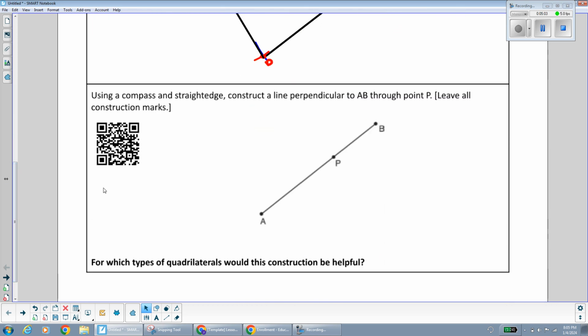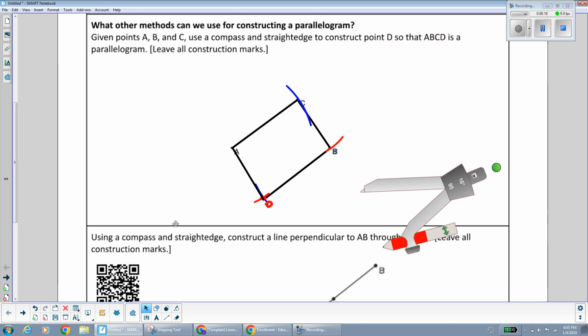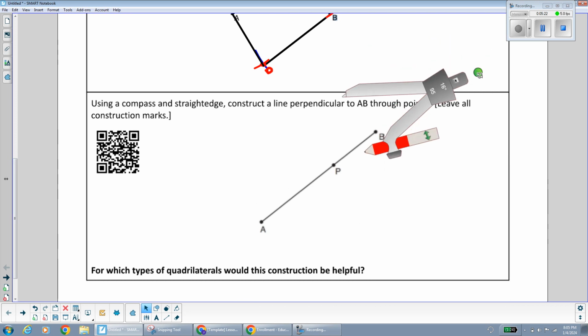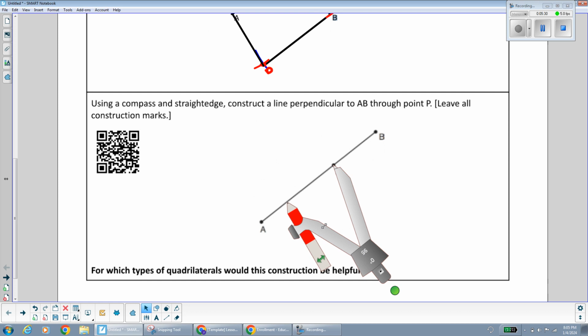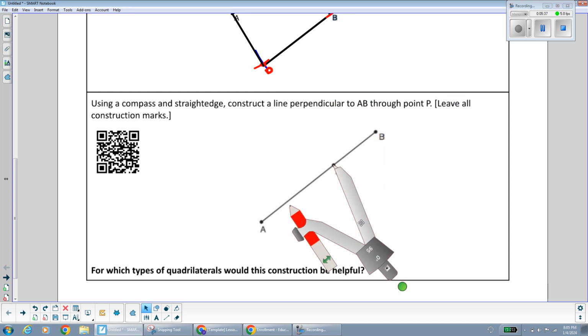Next, we're going to do another construction that we saw all the way back when in Unit 1, and we're going to construct a perpendicular line to the given line, AB, through point P. Now, if we want our perpendicular line to pass through point P specifically, then we have to start off with our compass point on point P. And we're going to just swing an arc.